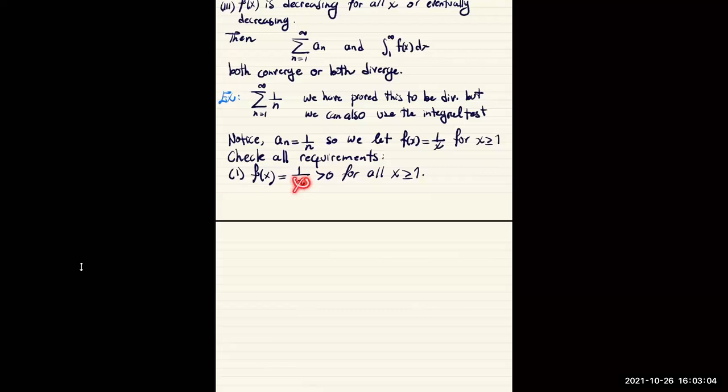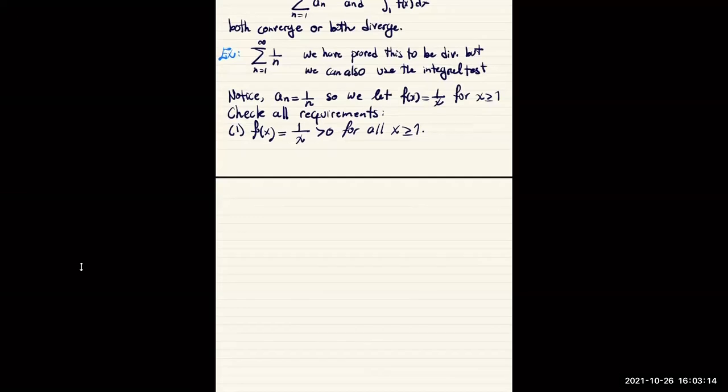This x is 1 or more. So 1 over that is always positive. Second requirement says that f has to be continuous on the domain of integration, and this function is continuous.